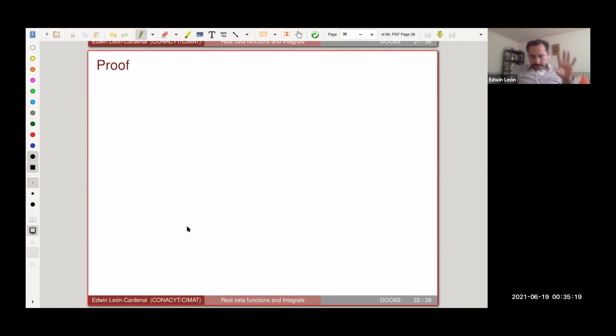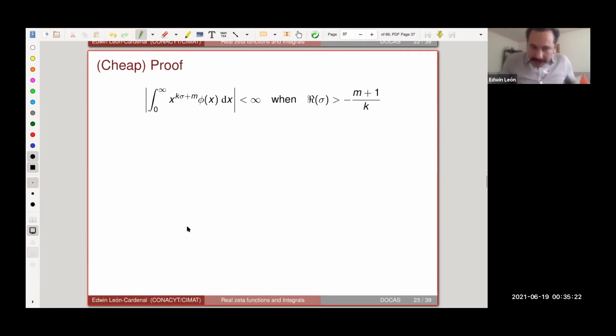Okay, so I'm going to make a proof of this. Well, actually, it's a cheap proof because I'm going to prove just the simple one-dimensional case. So let's consider this function. This is the integral. I was using the notation f minus plus, f greater than 0. I'm just simplifying and writing the positive part and taking this definition.